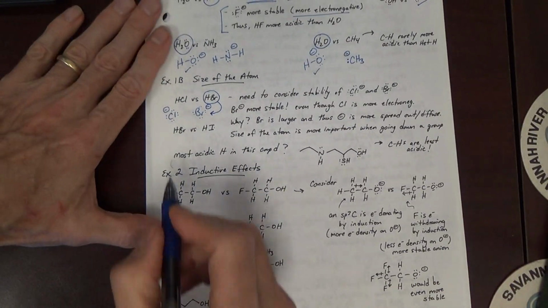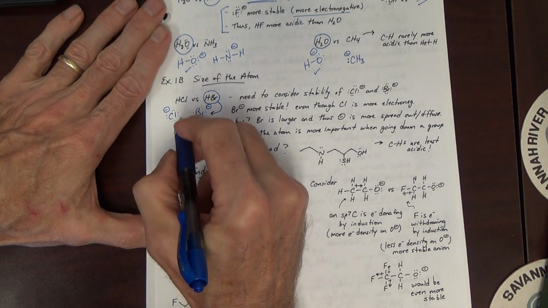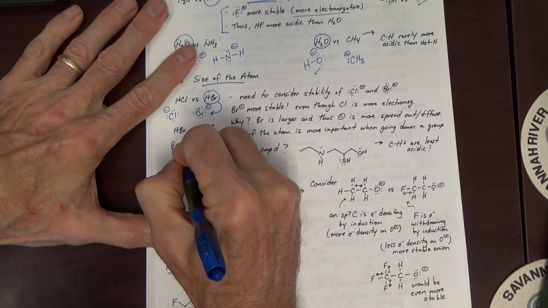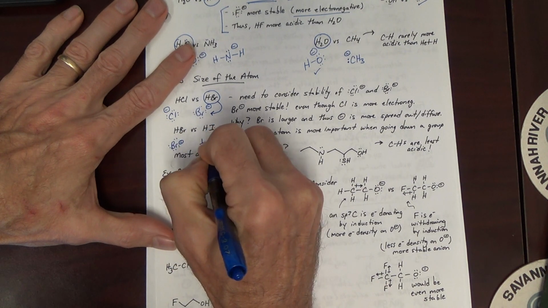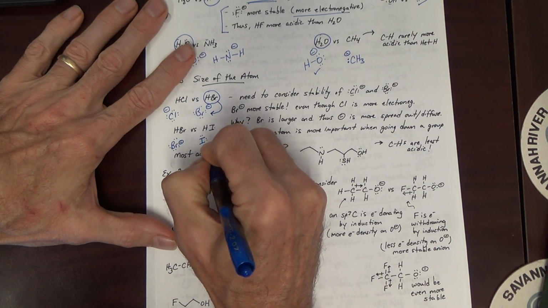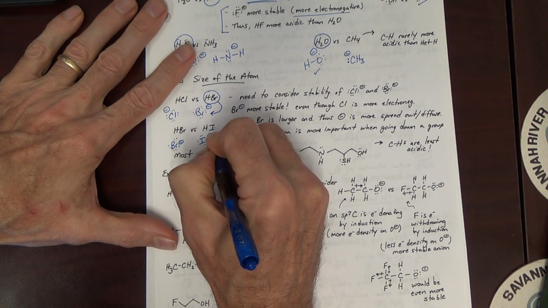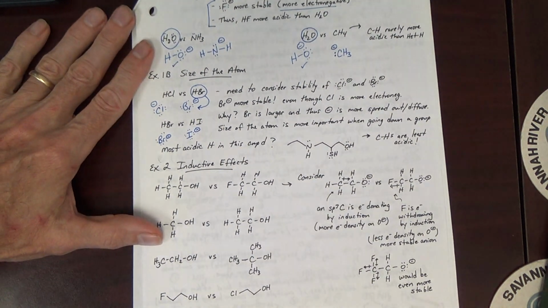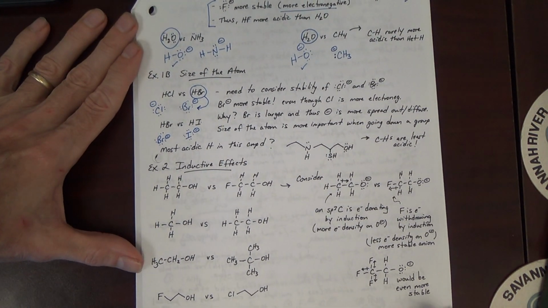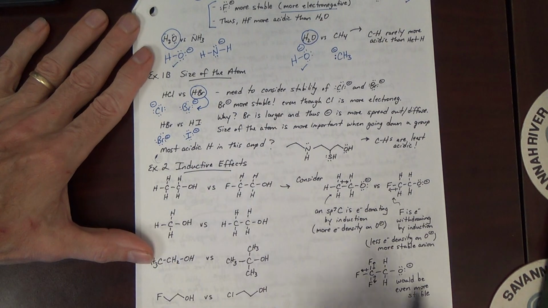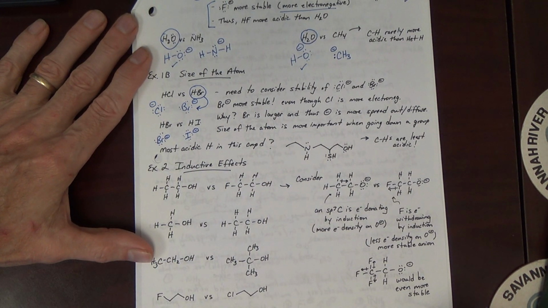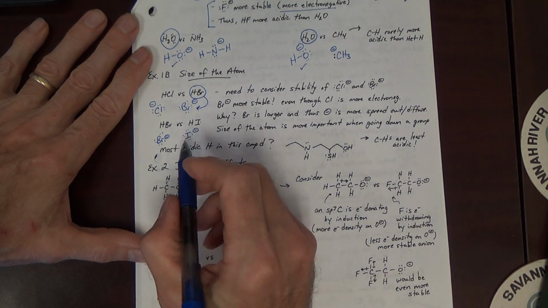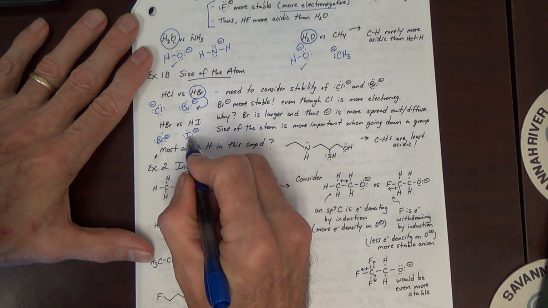Okay, which is more acidic, HBr or HI? Two conjugate bases. Which is more stable? The iodide is more stable because it's larger.